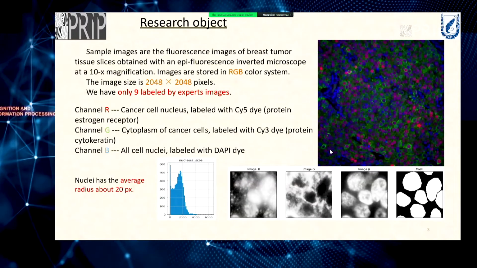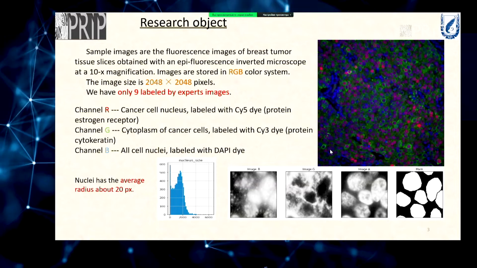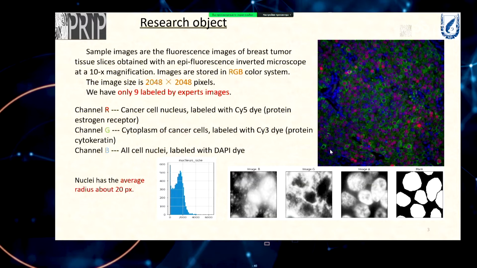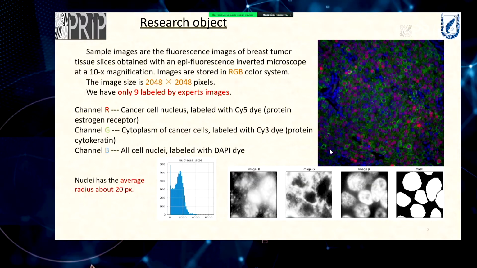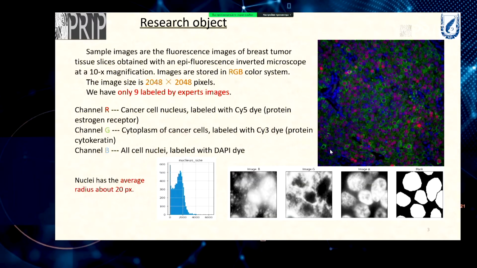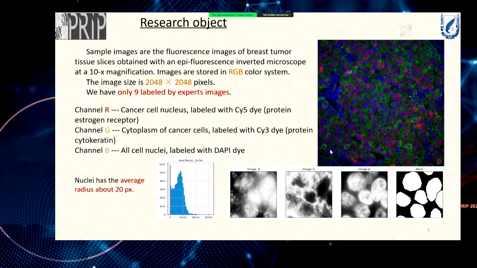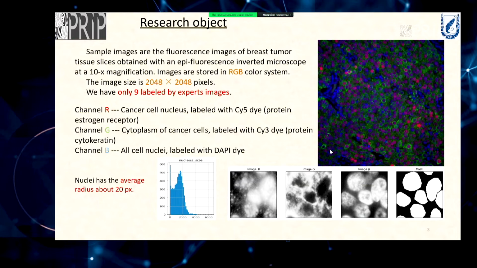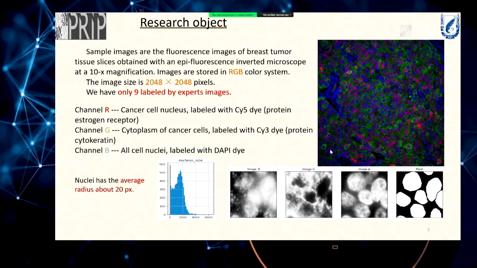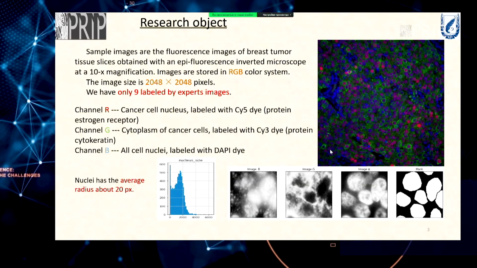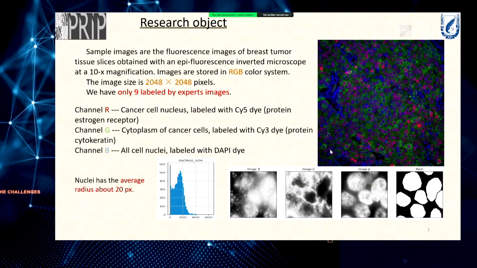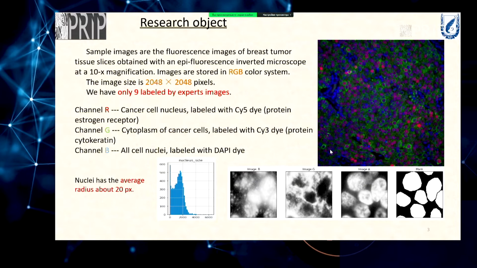And our research object is shown on the right side. On the right side are fluorescence images of breast tumor tissue slices, stored in the RGB color system. The red channel is the cancer cell nucleus, the green channel is the cytoplasm of cancer cells, and the blue channel is the cell nuclei.